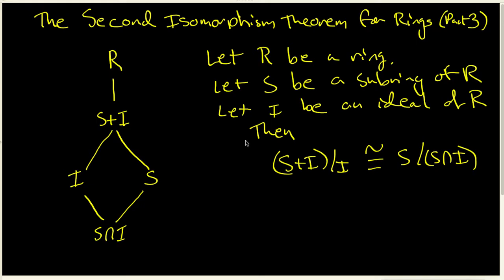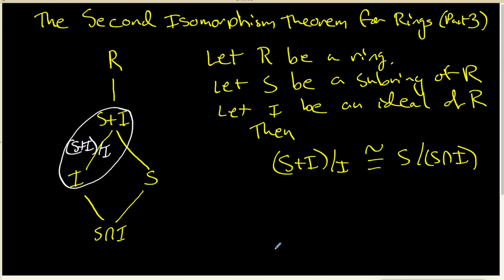This is the third video on the proof of the second isomorphism theorem for rings. And I want to start by doing a brief synopsis of what we've done in the previous videos. We've shown that because I is an ideal inside S plus I, the quotient structure for this side of my diamond is a quotient ring.